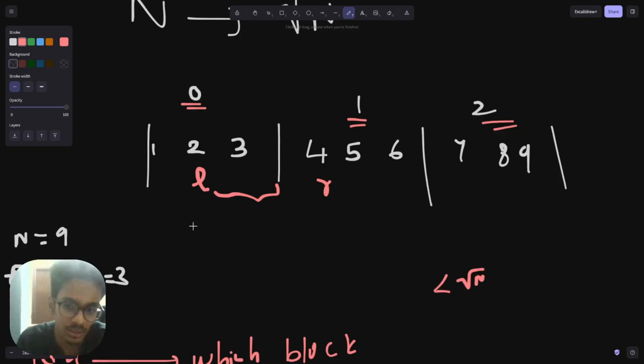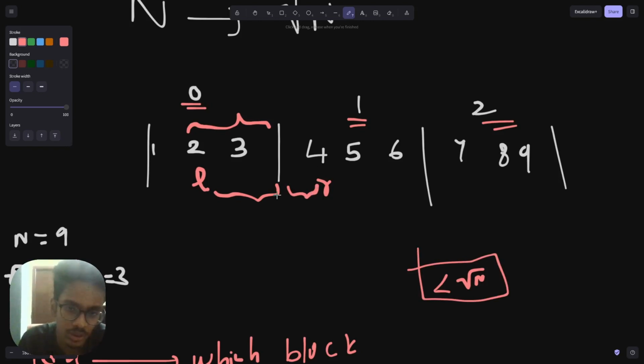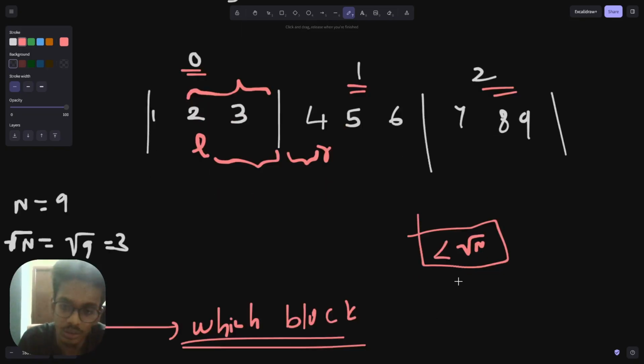This size would be less than root n. So even if I had to brute force the addition of this part, it would cost me less than root n. If I want to run a for loop over 2, 3, 4, can I always ensure that it would cost me less than or equal to root n, or very close to root n?